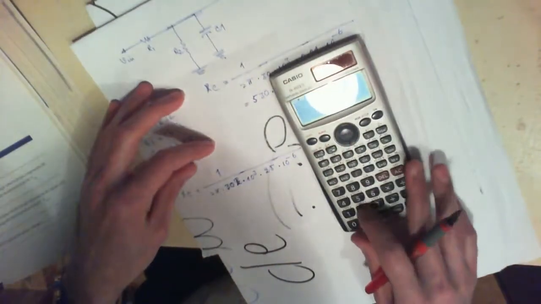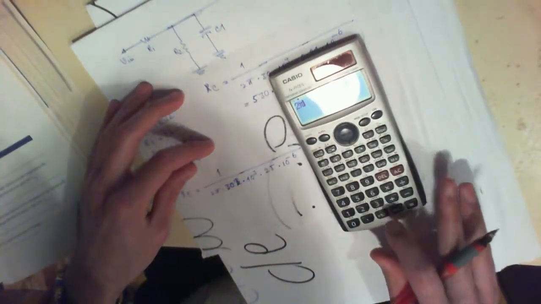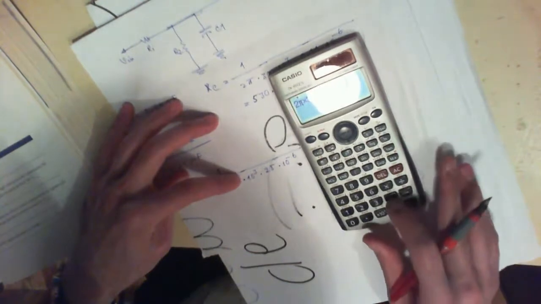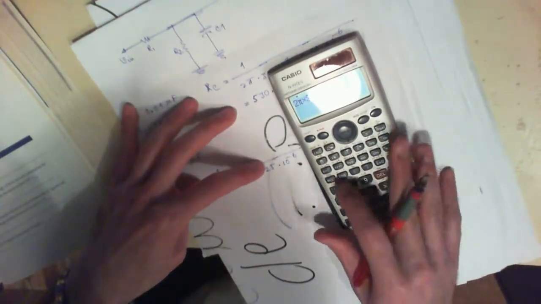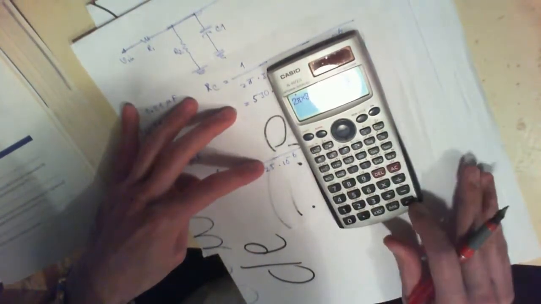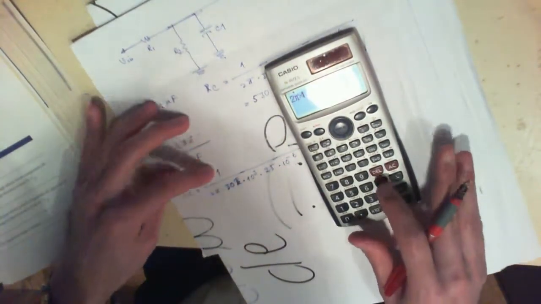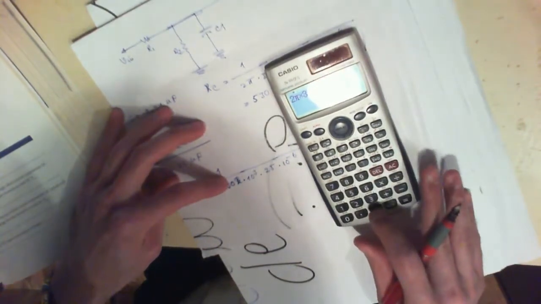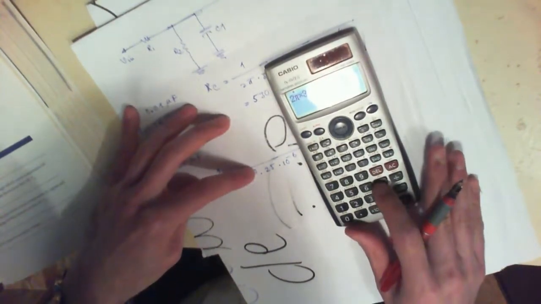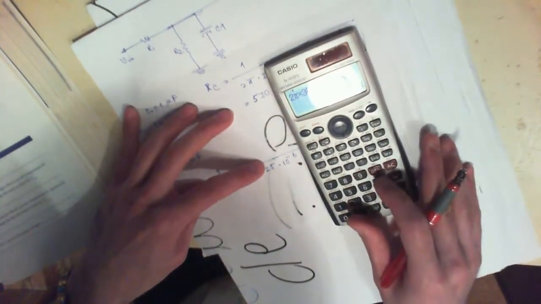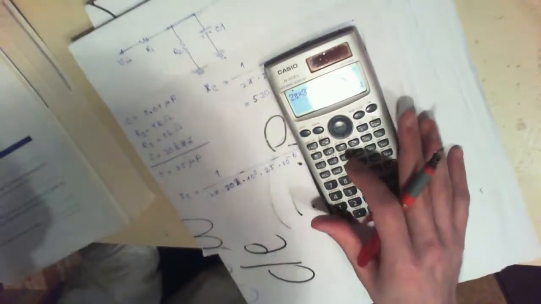So now if I do this calculation, 2 pi times 30 into 10 raised to the power 3 into 25 into 10 raised to the power negative 6 is equal to 3/2 pi.